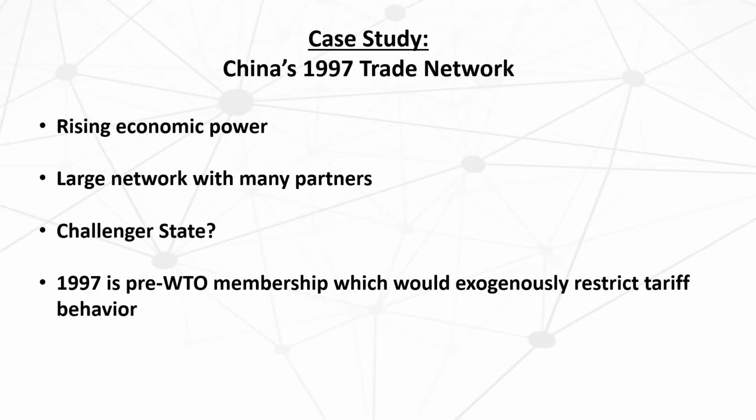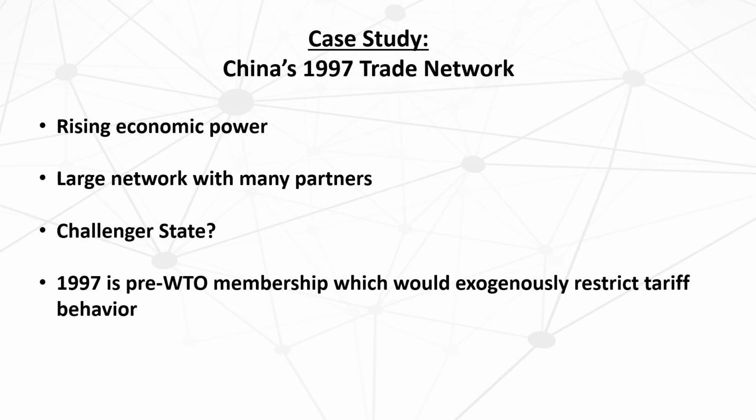So to explore this, I'm going to use a case study of China in 1997. China's a rising economic power, so we're definitely seeing a growing and expanding trade network. They have economic concerns to try to increase that network and keep fueling their domestic economic growth. So a large network with a lot of partners. There's also a lot of discussion about China, both then and now, as a challenger state, as having this great economic influence, and what's going to happen as it gains more influence.